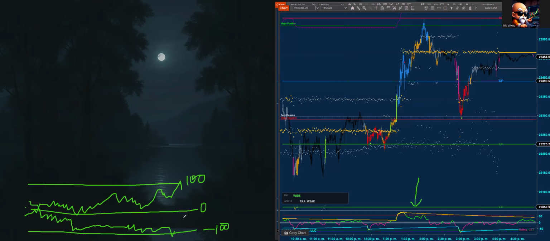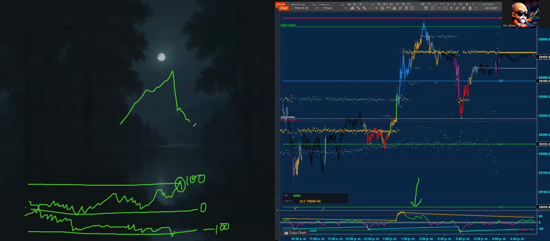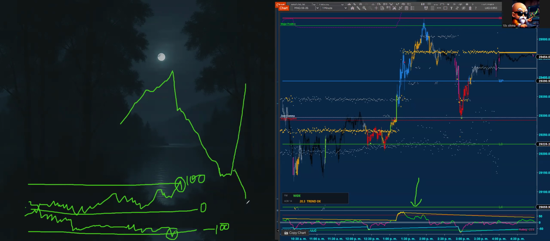For example, here the price is going to do this, and boom, reversal time. This one, the price is doing this below and goes up.